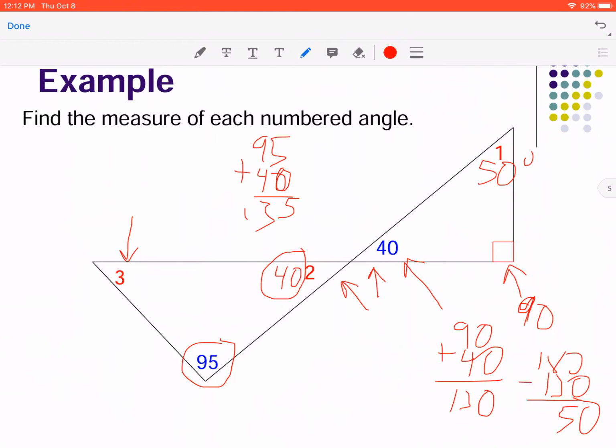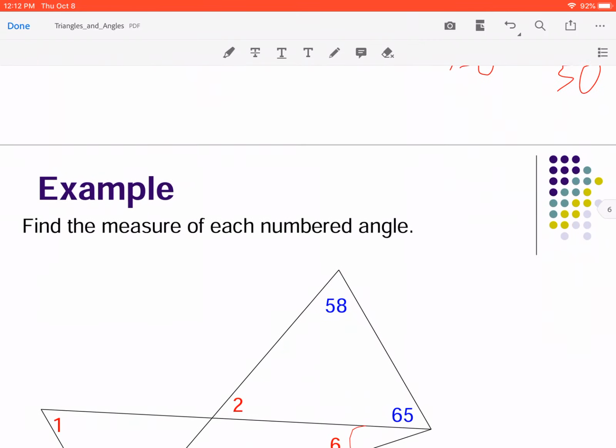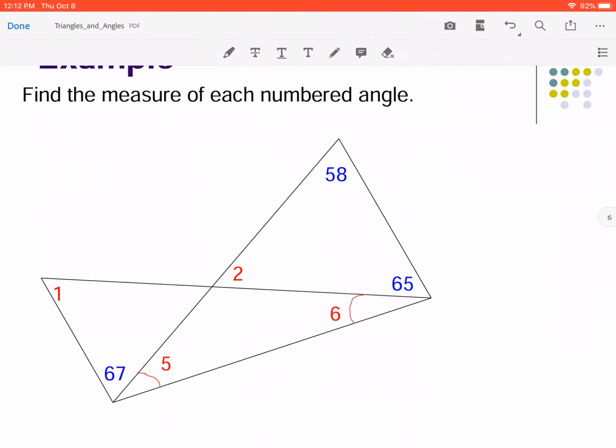So now I'm going to need to do 180 minus 135. That angle here is 45. And that's all your missing angles right there. Remember, the sum of all the angles in a triangle has to add up to 180.